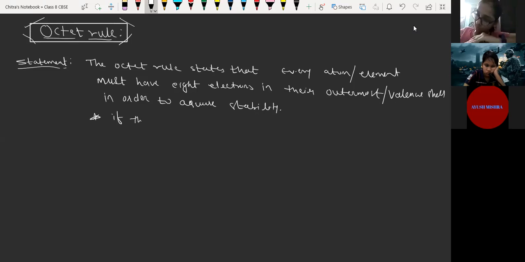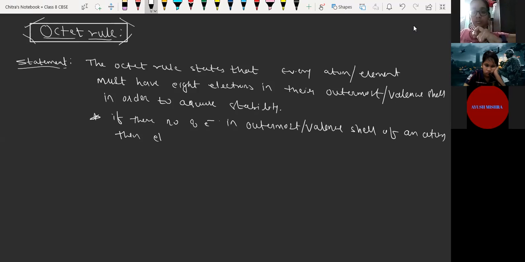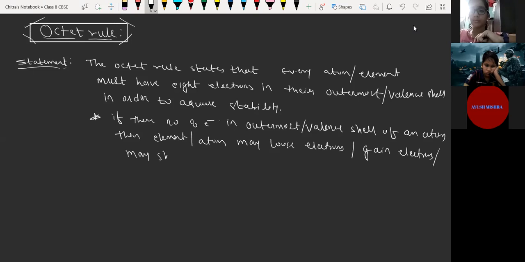If there are no 8 electrons in the outermost or valence shell of an atom, then the element or atom may lose electrons, or gain electrons, or may share electrons.